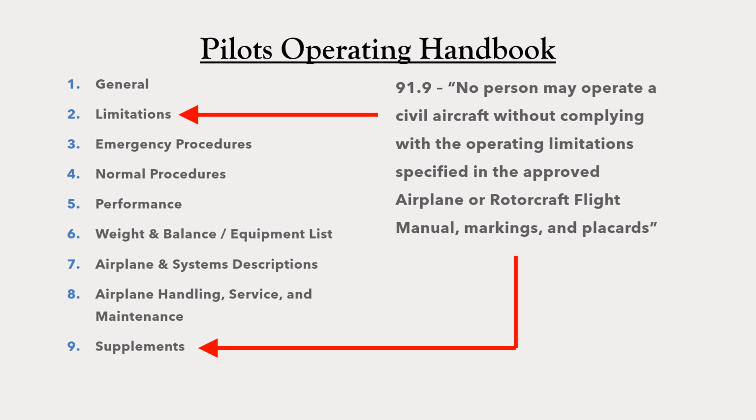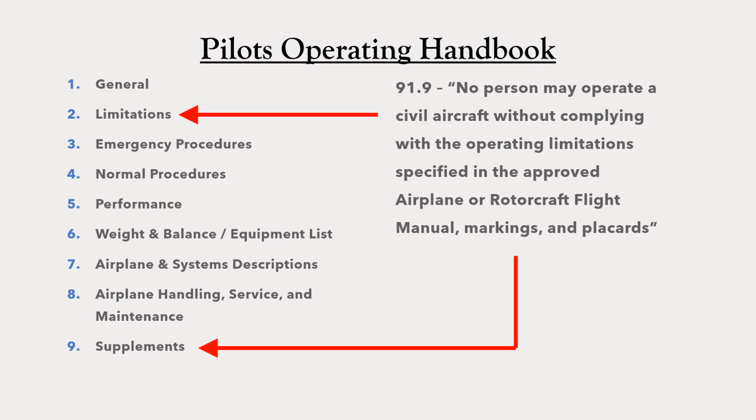One regulation that we operate under, 91.9, makes it a requirement that you comply with the operating limitations specified in the approved airplane flight manual. So an airplane flight manual is material that's approved as part of the certification process.